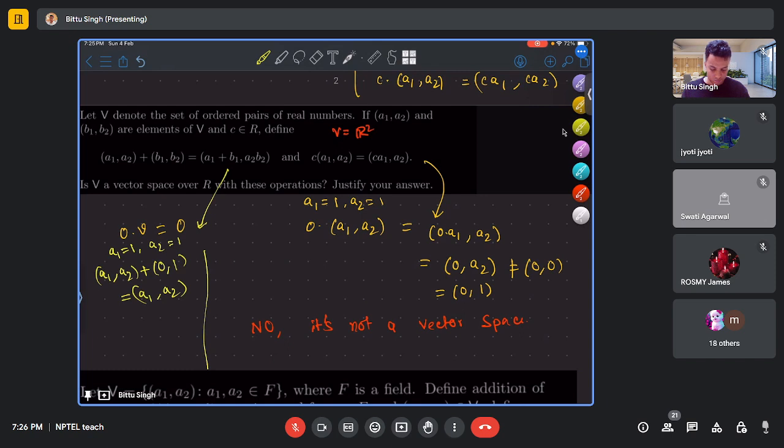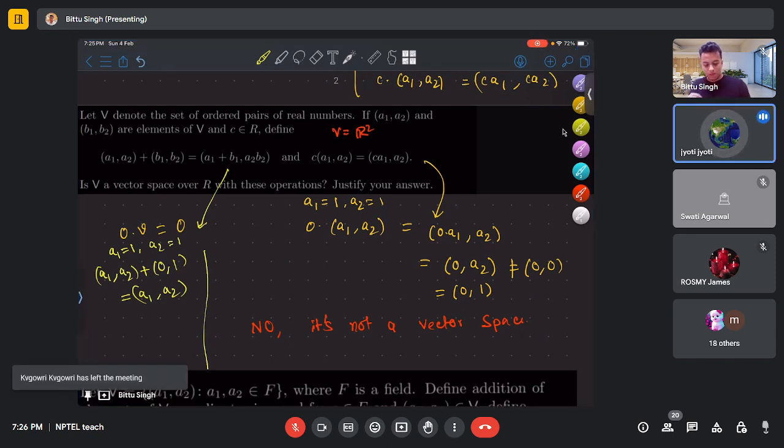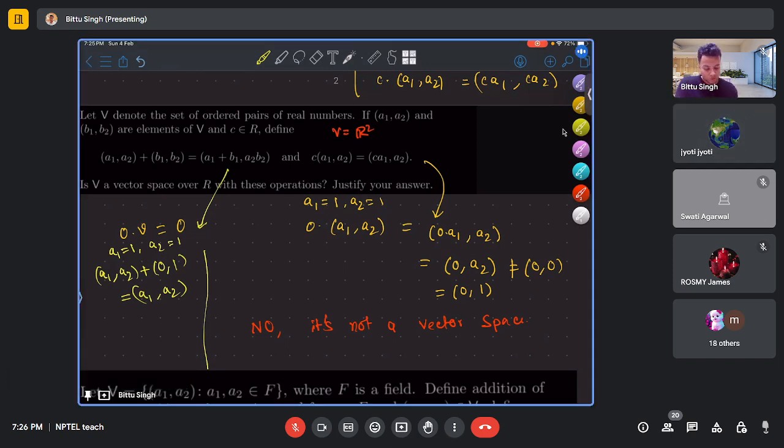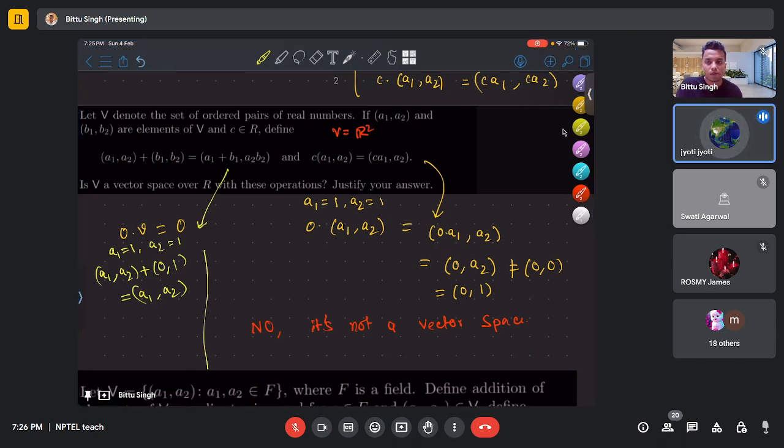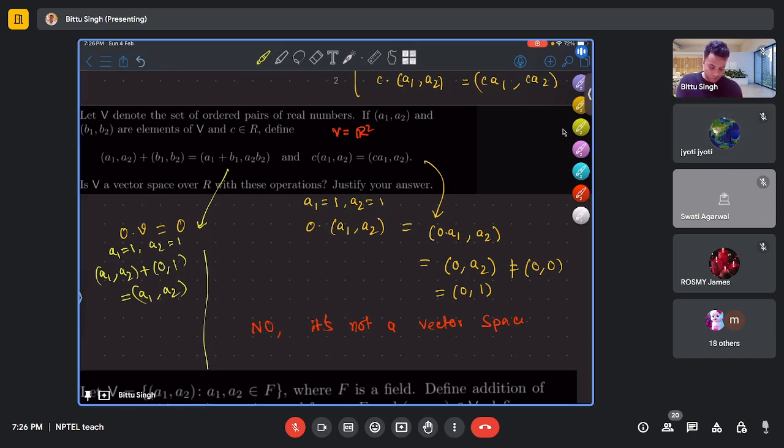We can check commutativity. Maybe there will be a problem in inverse and commutativity property. We can check. No, there will be no problem for commutativity, but inverse will be problematic.